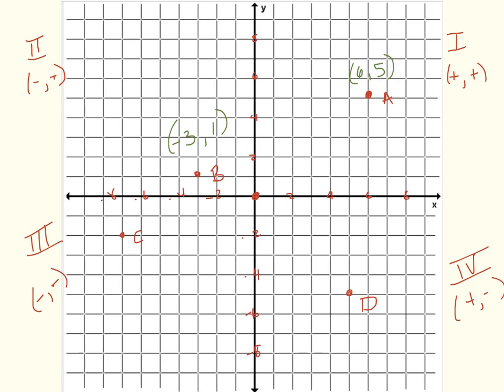C, the X first, back to -7 and down to -2. And then D, X first, positive direction, 5, and then down, looks like it's in the same.